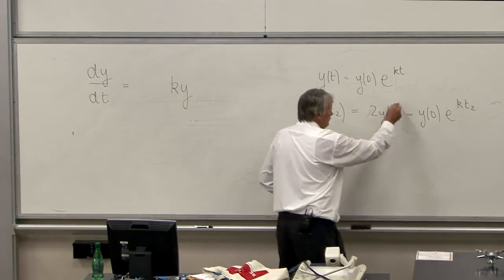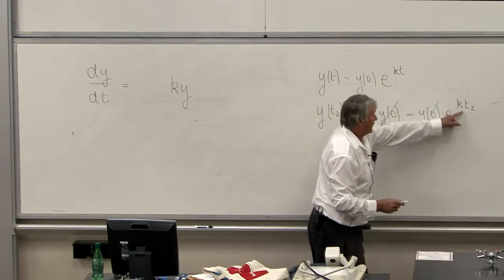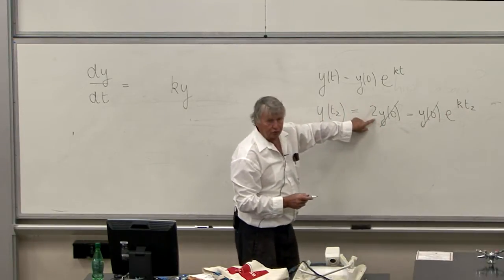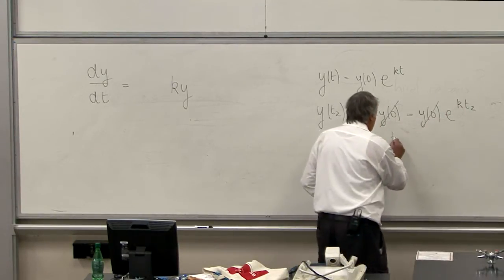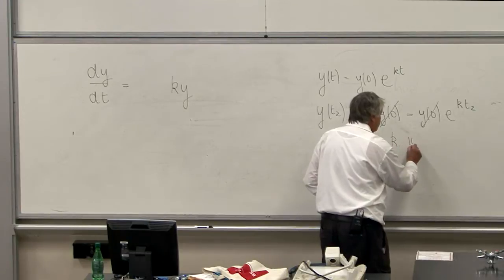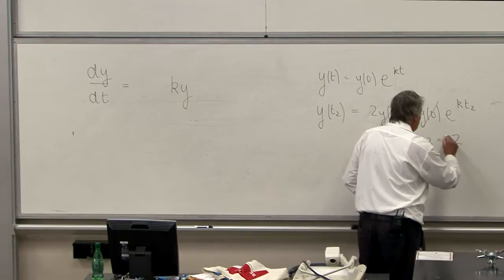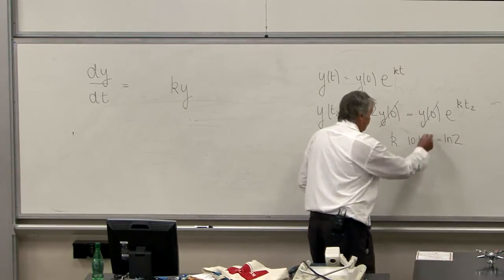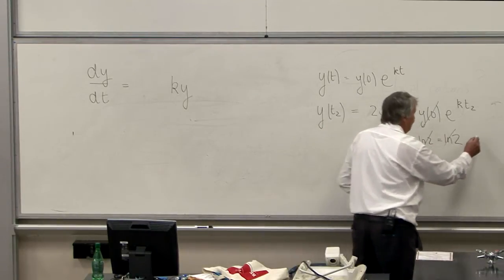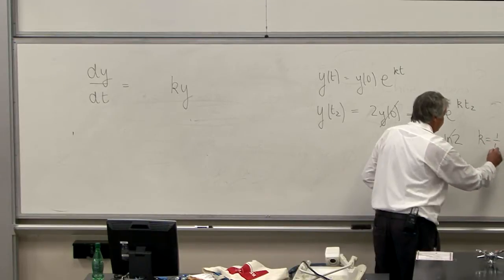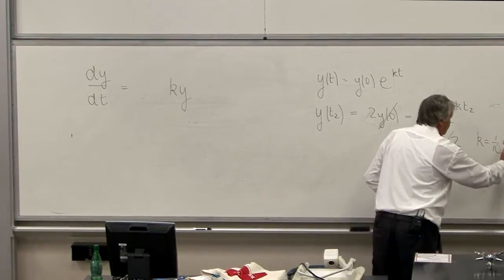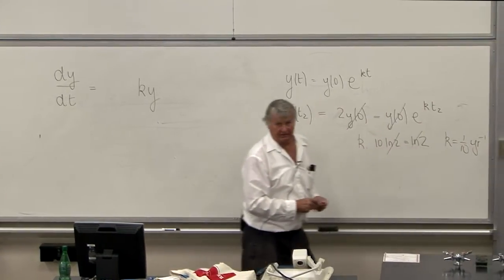This means that kt2 is log 2. But I told you that t2 was 10 log 2, so the logs cancel, and k is 1 over 10. And the units are inverse years.